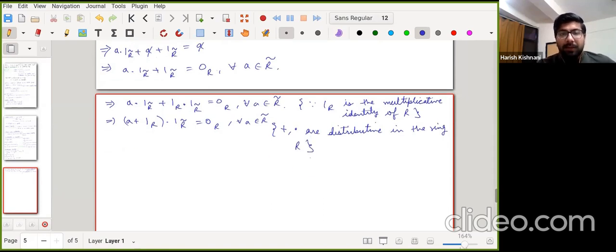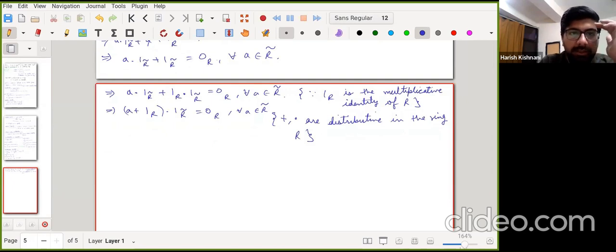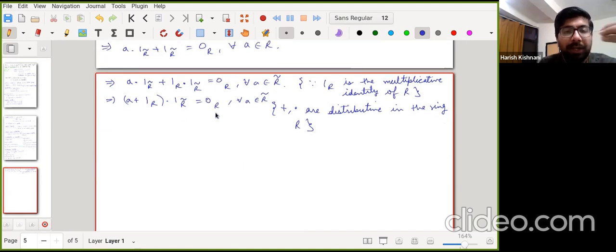Okay. So till now we have this thing, and as this 1 of R tilde is going to play the role of the multiplicative identity, this thing should happen for every element of R delta: A plus 1 of R dot 1 of R delta should be the 0 of R. So in particular, it should happen for A to be the 0 of R as well.